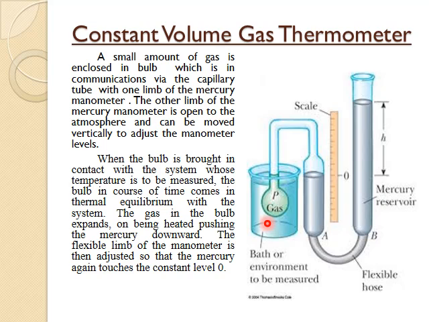You can observe that before inserting, the level is at 0 and after inserting also the level is at 0. But this time the pressure has increased, because we compressed the gas by pushing this limb downward so that the mercury level touches 0. So once the gas expanded, it was compressed by adjustment.